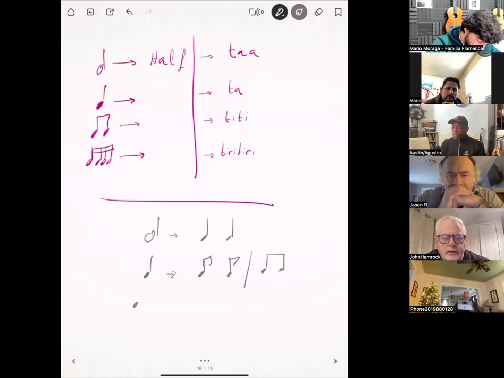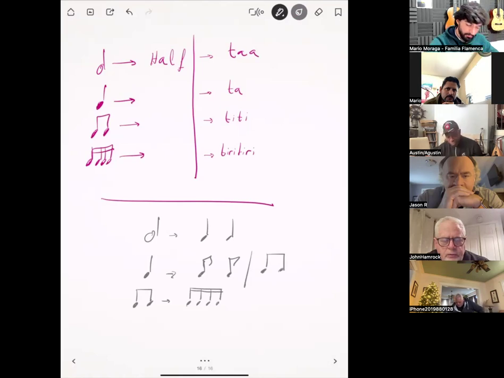Two eighth notes are four sixteenth notes. If you don't understand something, please let me know. Open your mic and stop me, okay?